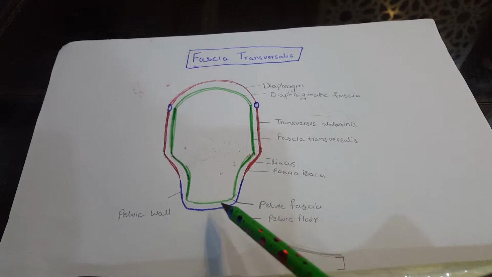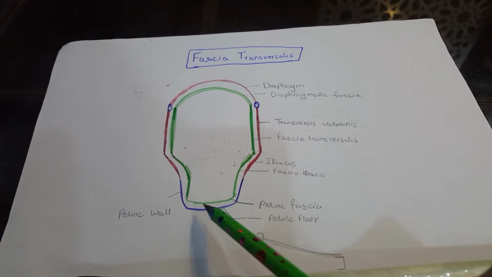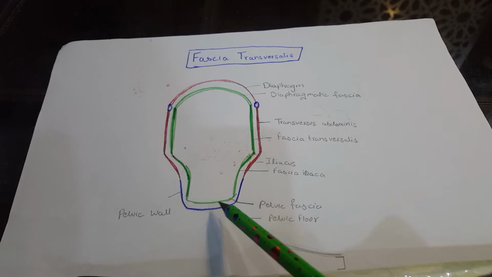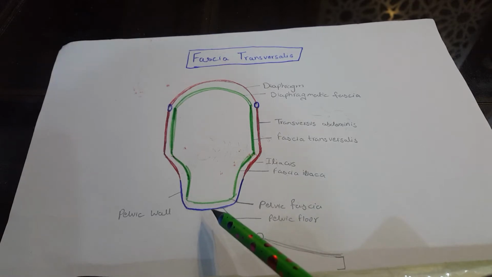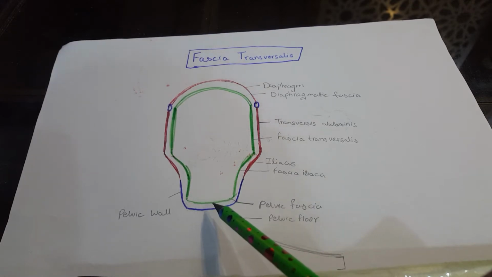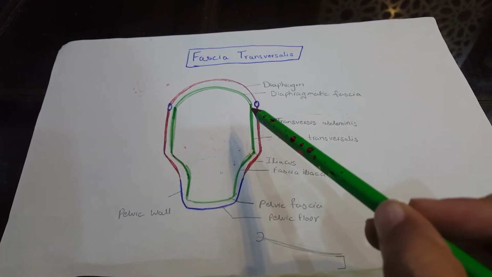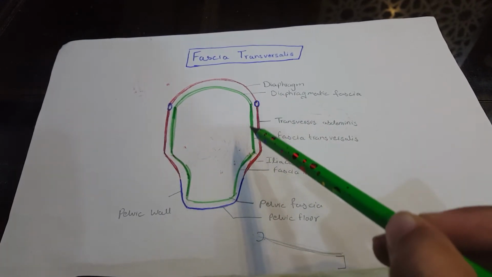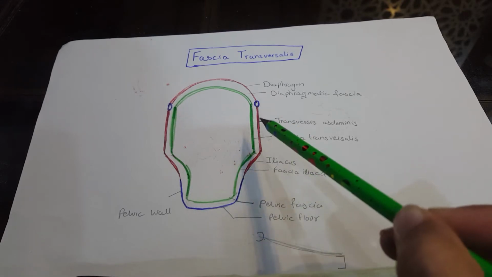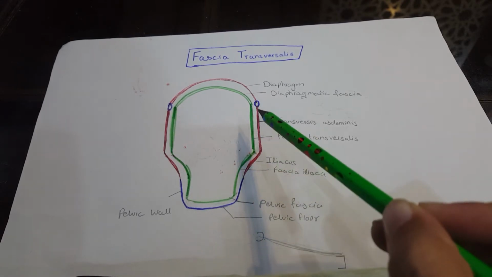Pelvic floor muscles are lined by the pelvic fascia. So pelvic fascia is attached to the sacrum and coccyx and covers the pelvic floor muscles. This is pelvic fascia. So you can see in the diagram that fascia transversalis is a fascia that lines the transversus abdominis muscle.